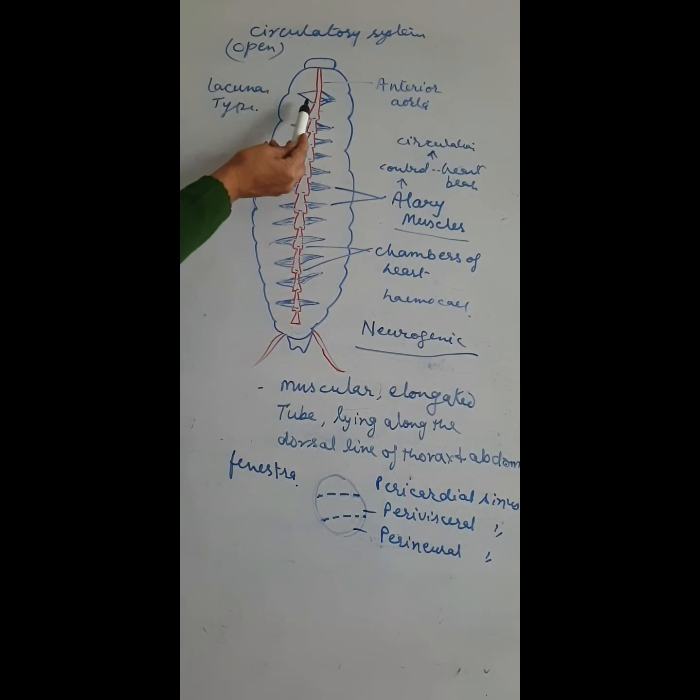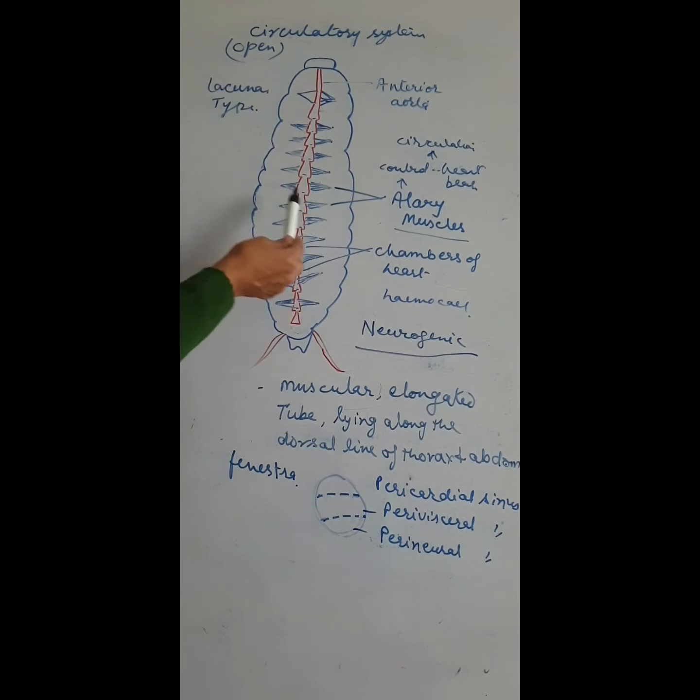The anterior tubular part is called the anterior aorta. The three chambers are in the thorax and the 10 in the abdomen. The contraction of the muscles and the blood circulation is controlled by alary muscles. So this is the blood circulatory system of the cockroach.